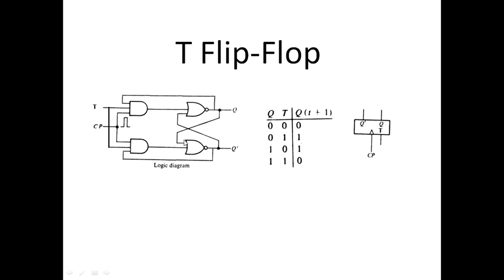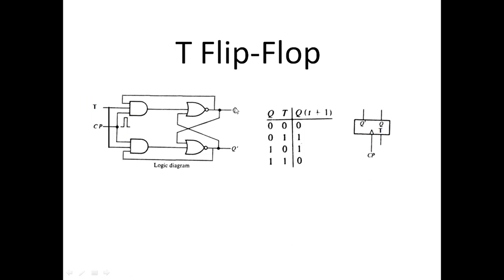Now for when T is equal to 1, we get 1 here, we get 1 here, and the clock pulse is 1. But Q is 0, so we will get 0 here and we will get 1 here. I repeat, T is 1, so we get this input 1, we get this input 1, and the clock pulse is already 1.